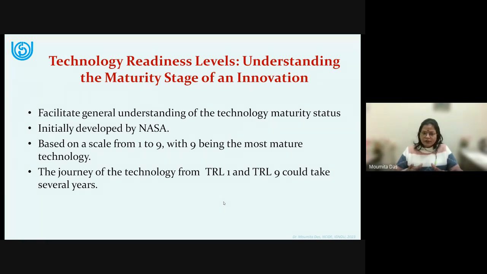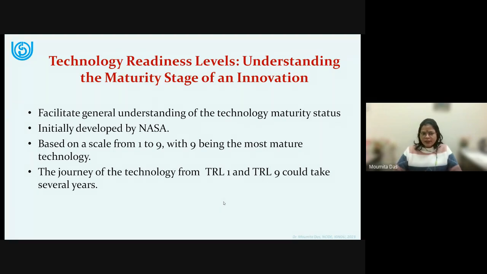So the technology readiness levels indicate the maturity of your innovation, at what stage your product or your process is. So they describe your product at that particular stage.